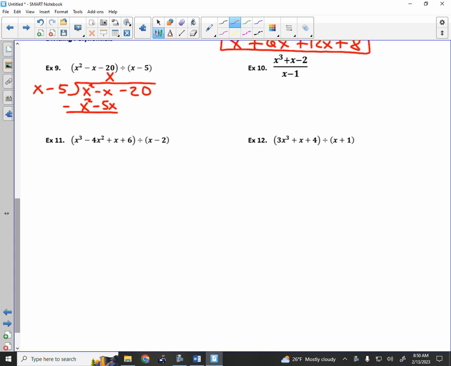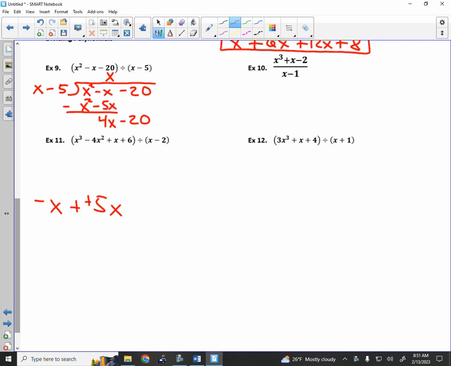So you have to be careful. x squared minus x squared is 0. What is negative x? I'll write it out. Negative x minus a negative 5x. Close? You add the opposite and you get positive 4x. Minus 20.